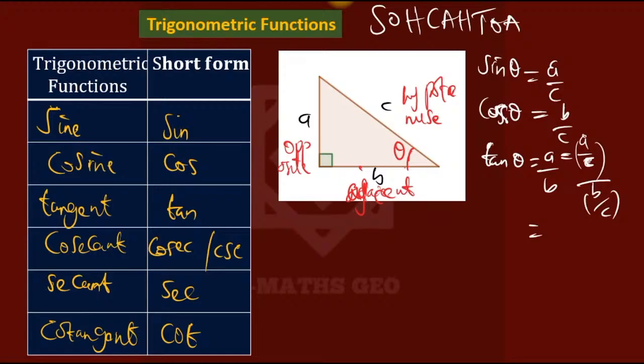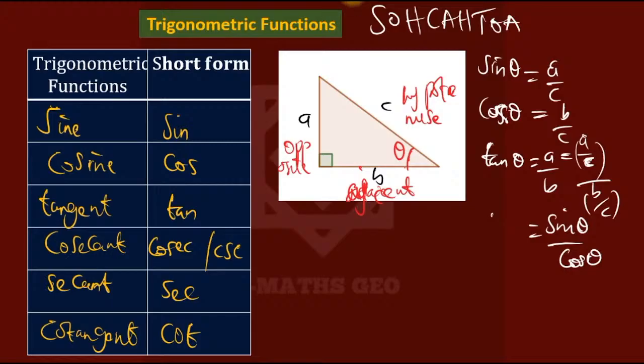It shows that tan is always sine over cos. It's called the quotient identity. So tan is always sine over cos.